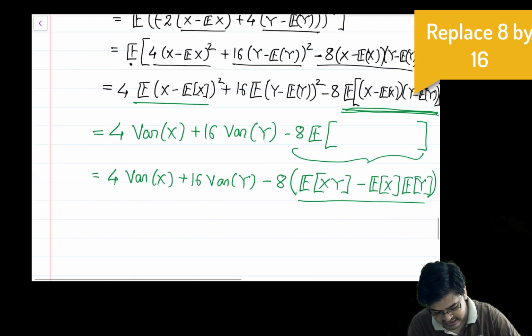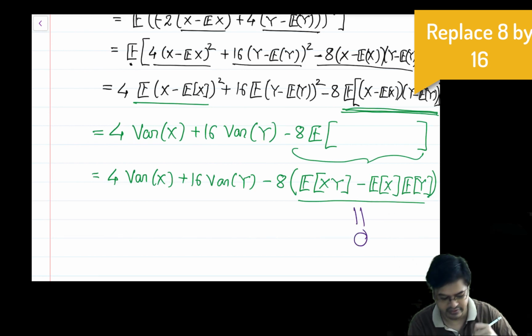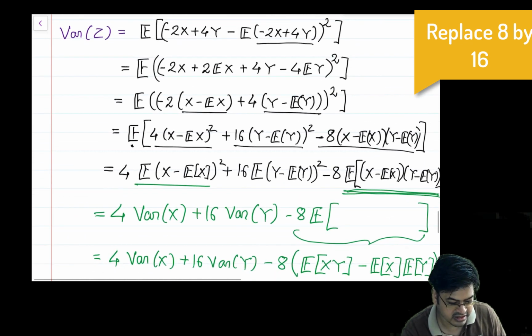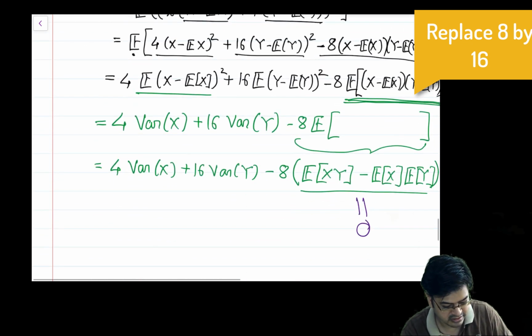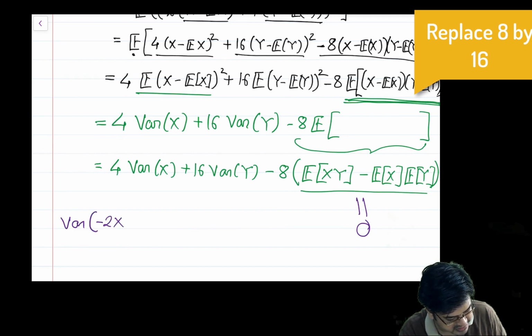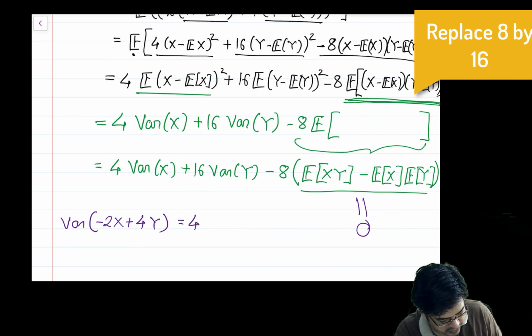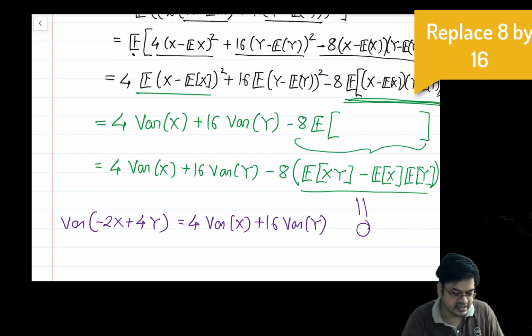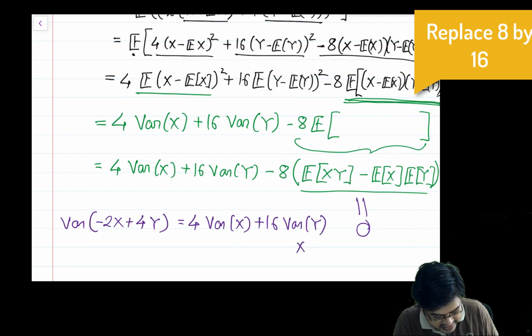So in that case this term will become equal to 0, and my result for the variance of z, variance of minus 2x plus 4y, is equal to 4 times variance of x plus 16 times variance of y. This is the result when I am considering x and y to be independent.